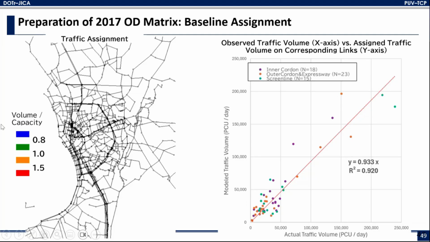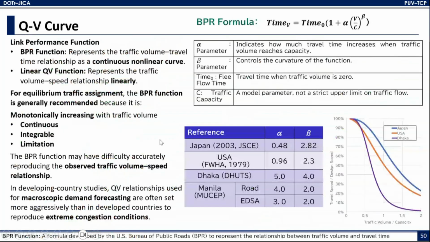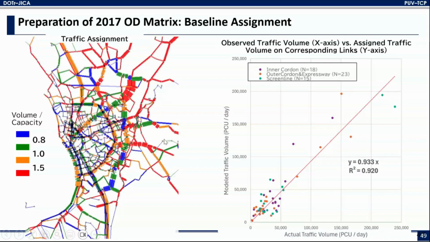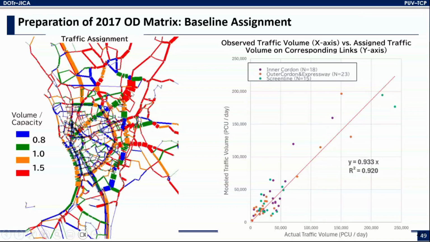And the traffic volume is assigned, as I showed. From this result, the traffic volumes, including the total travel times and the traffic cost, will be computed and estimated, and the information is summarized.